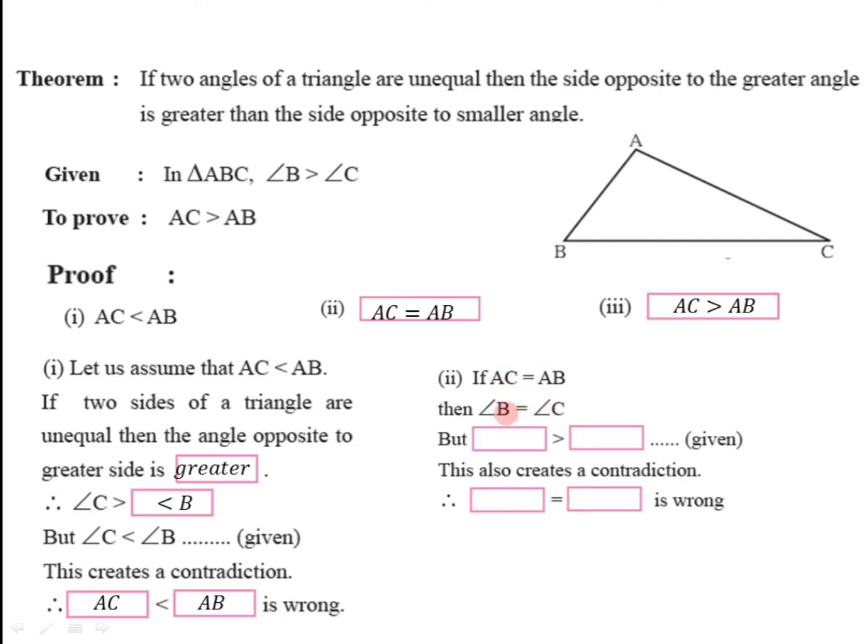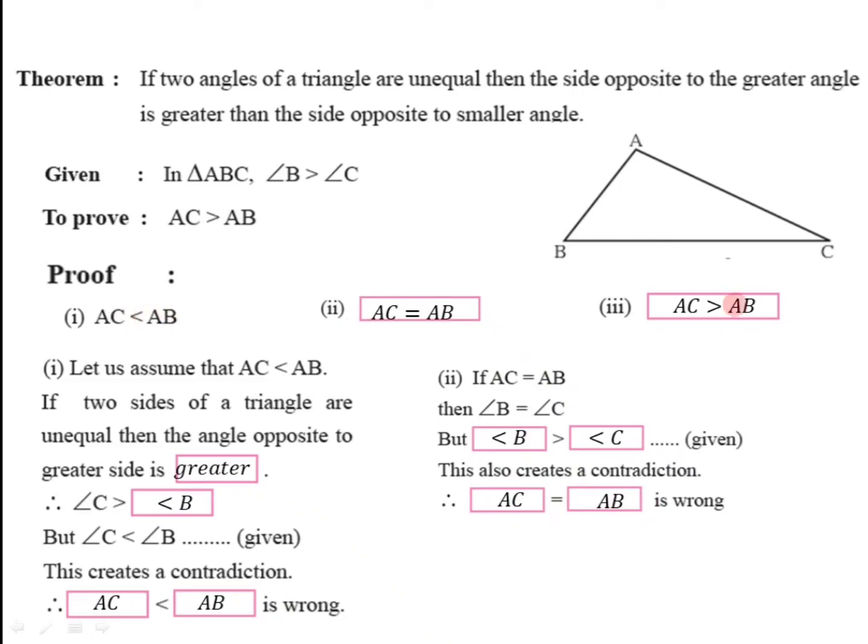That means angle B is equal to angle C. This is by the isosceles triangle theorem. But it is given that angle B is greater than angle C. So these two are again contradictory statements. What we have assumed here is also wrong. That means AC is equal to AB is wrong. So here also we have eliminated the second possibility.